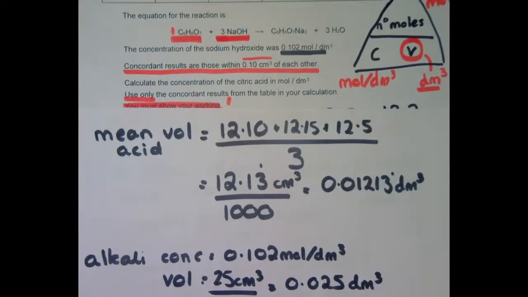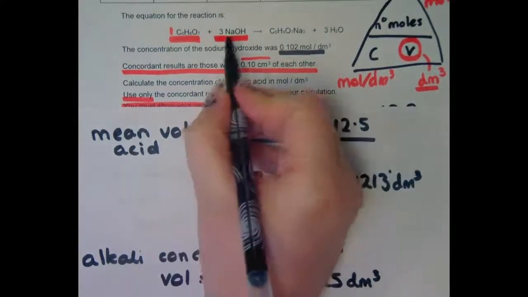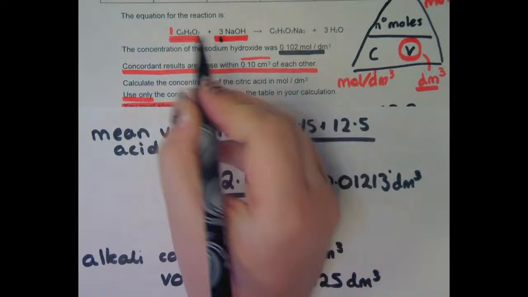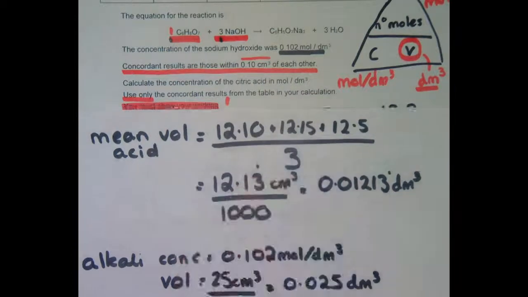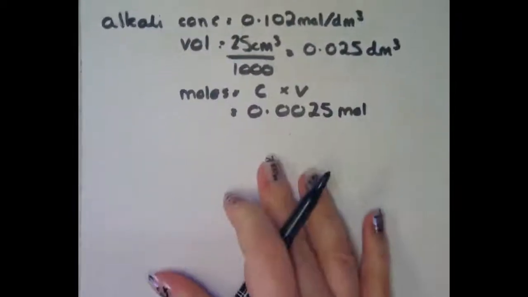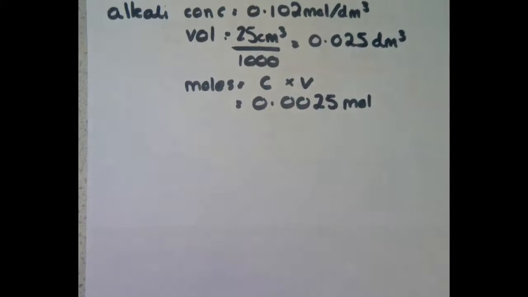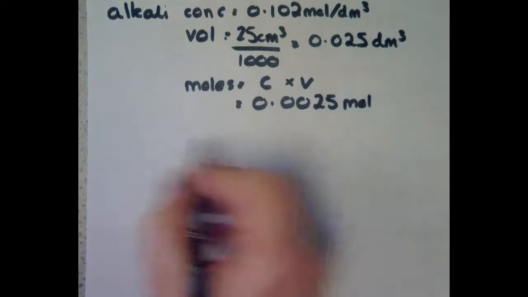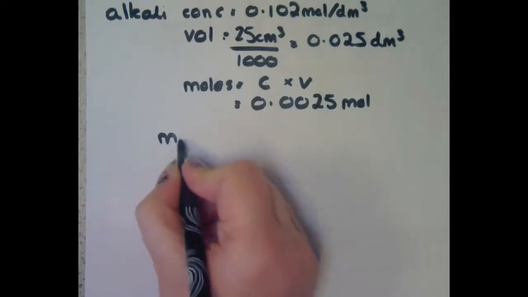We saw when going through the student's answer that they did not account for the fact that 3 moles of the sodium hydroxide reacts with 1 mole of the citric acid. And what I did before is I had to take those moles and then divide them by 3 in this case, because 3 moles of the sodium hydroxide gets you 1 mole of the citric acid.